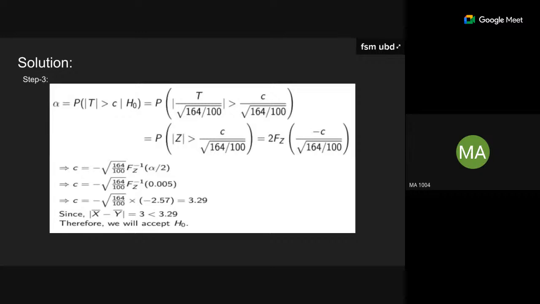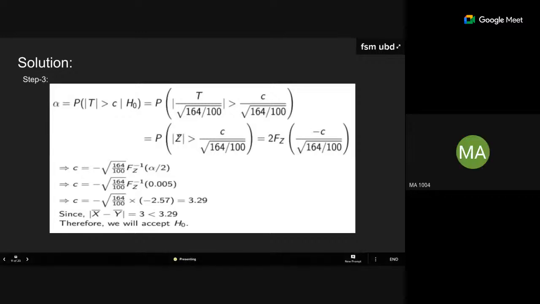If my x is greater than 10, then directly mod x will be greater than 10. That is okay to understand. The other case is when x is less than minus 10, like minus 11 or minus 12 or minus 13. Then when I take mod, the minus will go off and it will be greater than c. You got it? These are the two possible cases when you remove mod. In place of mod, we can write plus or minus z.